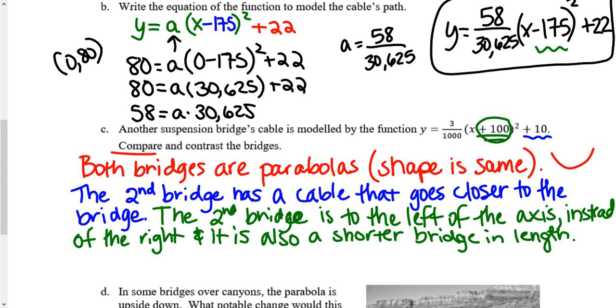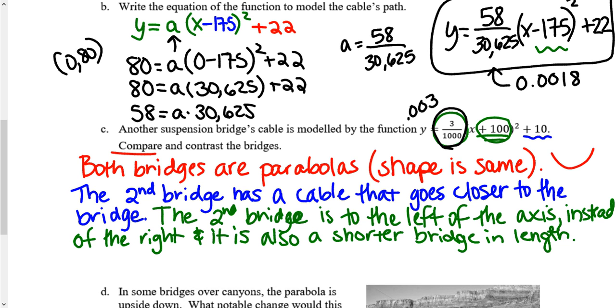And then what about this number out in front? What does that tell me? That's going to tell me how much I stretched my parabola, so how tall this bridge is. So this number on the front right here, that's 3 thousandths or 0.003, right? This number up here, my 58 over 30,000, if I write that as a decimal, it's 0.0018.